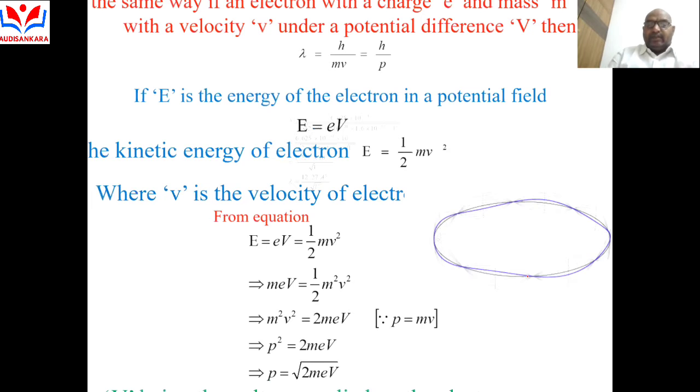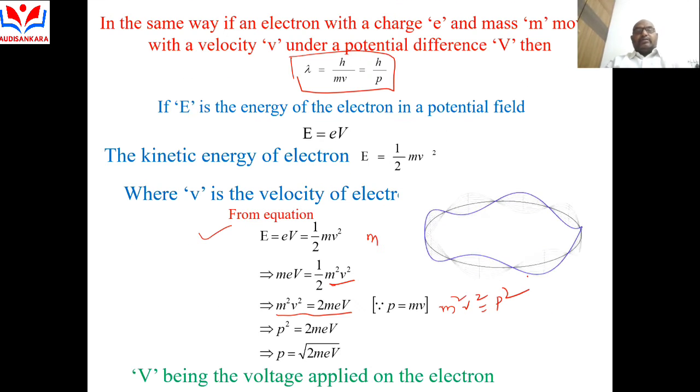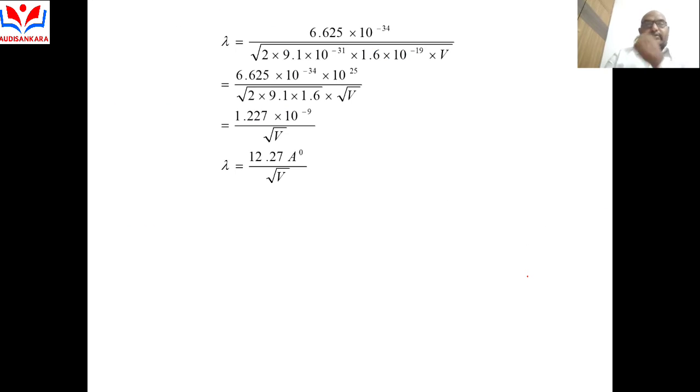Here m is the mass of the electron, e is the charge of the electron, and V is the potential in volts. Substituting these values, lambda is equal to h by root of 2m eV.